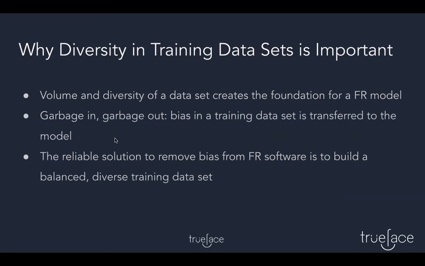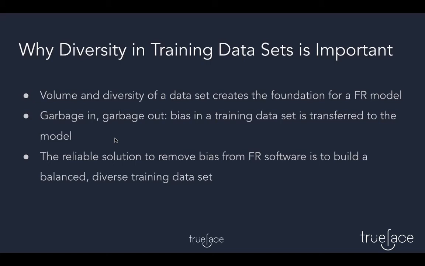So let's talk a little bit about why diversity in those training sets is important. As I stated before, you think of a data set as a system of parameters and weights assigned to the images processed by the algorithm. The more images you have, the more information an AI algorithm has to learn from, and the more diverse those images are, generally the greater the educational foundation and knowledge base of the algorithm. But the problem is that if you have bias in a training data set, that can be transferred to the consequent model.